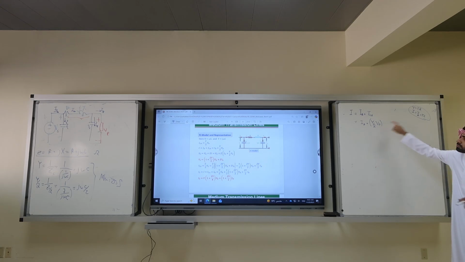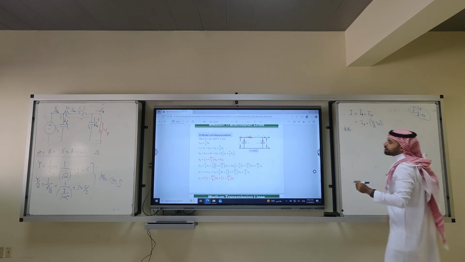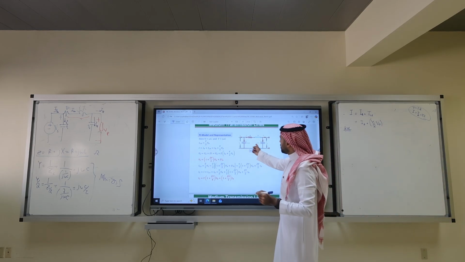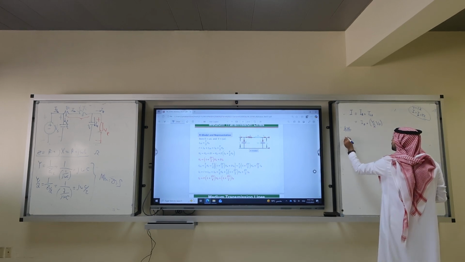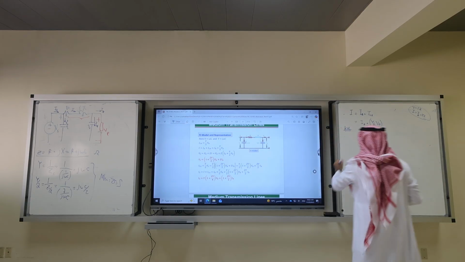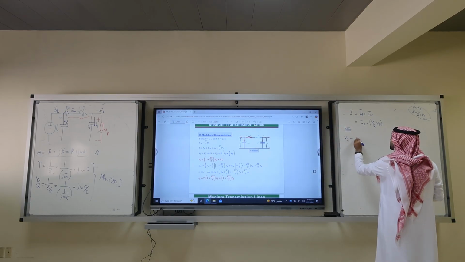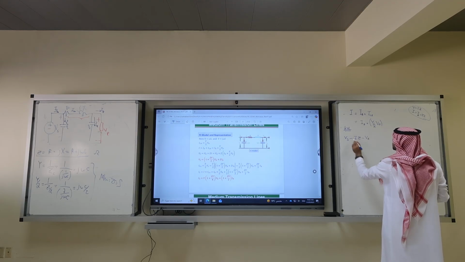Okay. Let's do KVL around this loop. You will have voltage rise or voltage drop. Vs minus I Z minus VR. Can I do my trick?